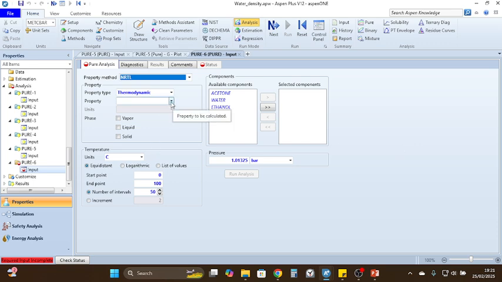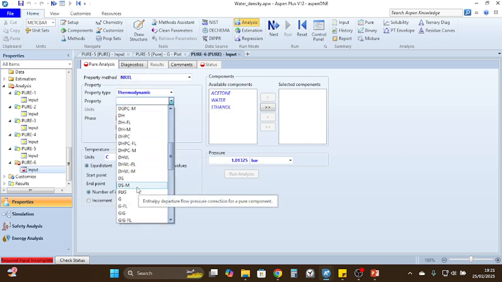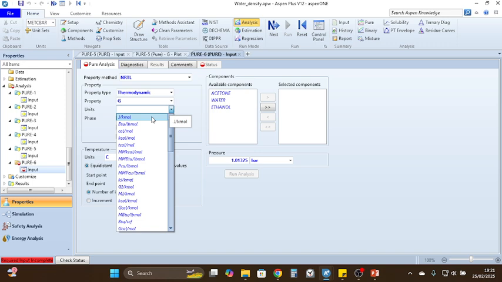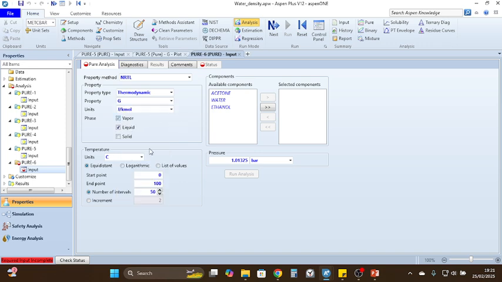Don't know if it will happen or not. I think Aspen updates its calculation as we change the conditions over here. And this is for 20 bar and the component is ethanol. We run the analysis.